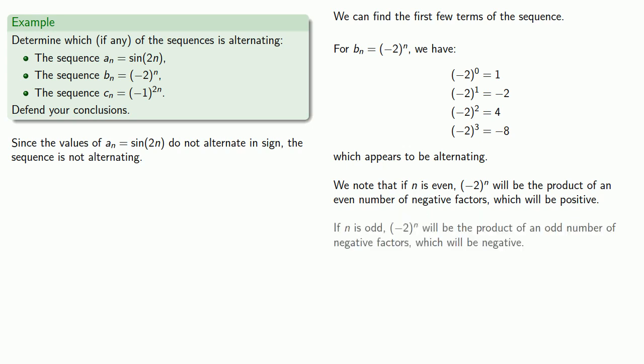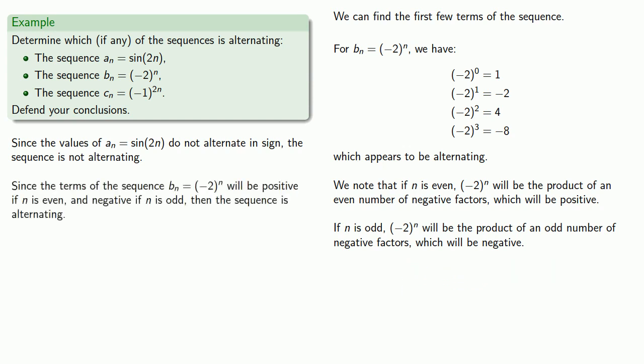On the other hand, if n is odd, minus 2 to the power n will be the product of an odd number of negative factors, which will be negative. So I might say the following: since the terms of the sequence bn equals minus 2 to the power n will be positive if n is even and negative if n is odd, then the sequence is alternating.